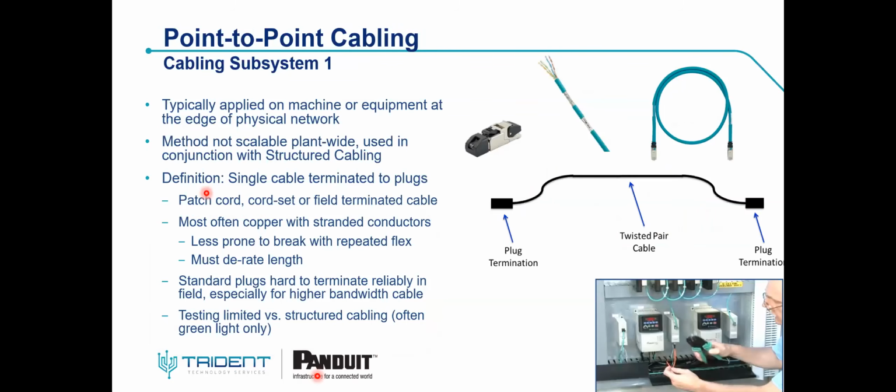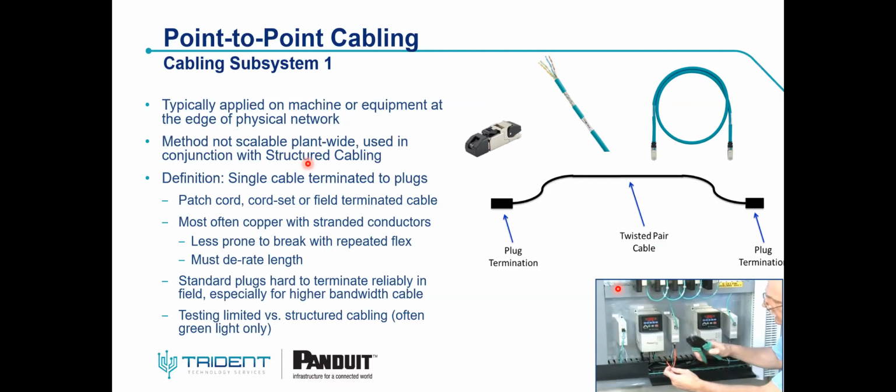The point-to-point cabling or home run cabling, you can use for cabling subsystem 1. As we said before, cabling subsystem 1 is used to connect the machine. This method is not scalable for the plant-wide, and you need to use it in conjunction with structured cabling.